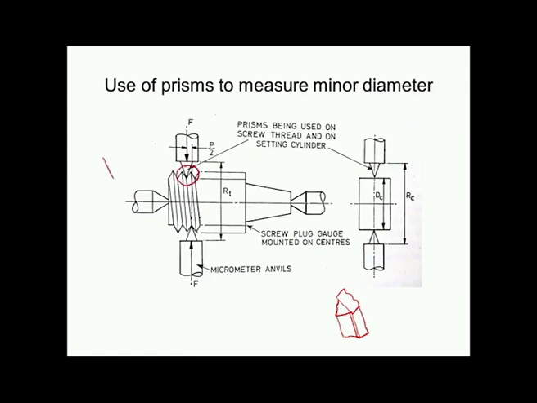So, this is the V prism, and then we have a small radii here at the tip, and then we have the screw thread profile.